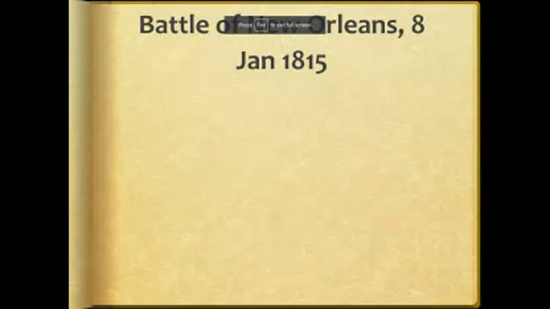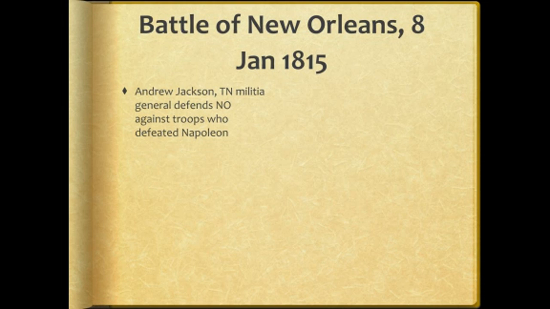All right, so one important battle was the Battle of New Orleans. Andrew Jackson is going to be a militia general from Tennessee. He is going to wind up defending New Orleans against the troops who had defeated Napoleon. The British incompetence produces a huge U.S. victory in the Battle of New Orleans.